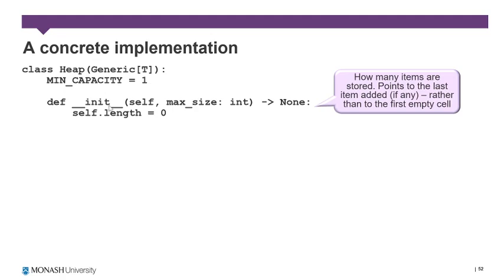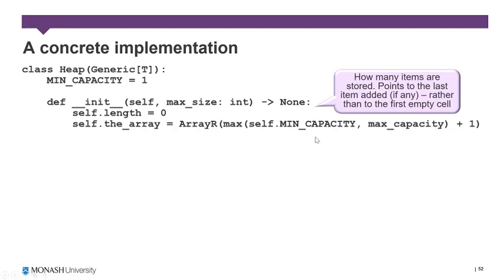Now the main difference when we're keeping track of the length, remember we're staying at index 1, is that the length is actually pointing to the last element rather than the next empty cell. And when we're doing the maximum, we just take the value passed plus the minimum capacity and we add 1, because again we're accounting for that empty cell.